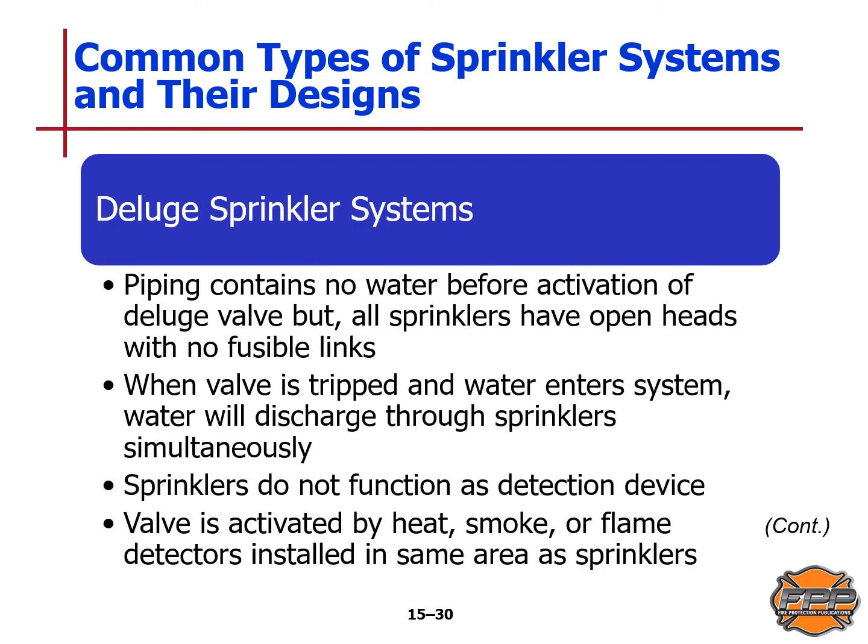A deluge sprinkler system means that piping contains no water before the activation of the deluge valve, and all sprinklers have open heads with no fusible links. When a valve is tripped and water enters the system, water will discharge through the sprinklers simultaneously.